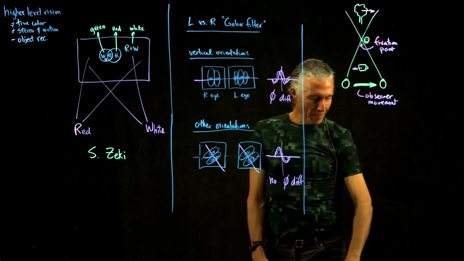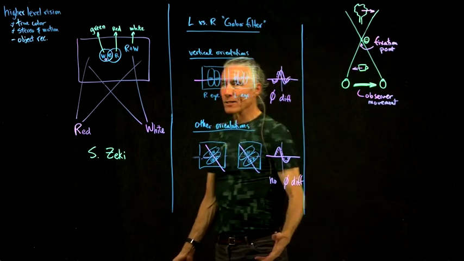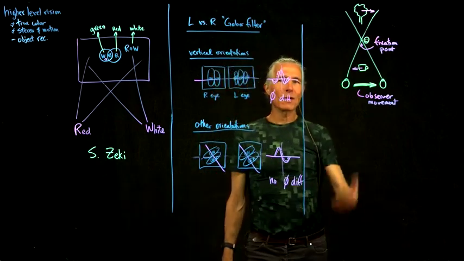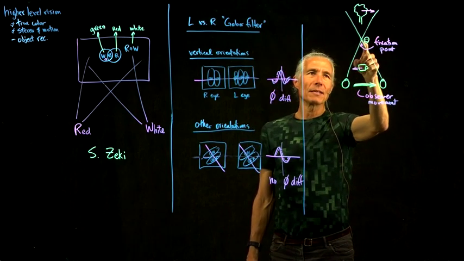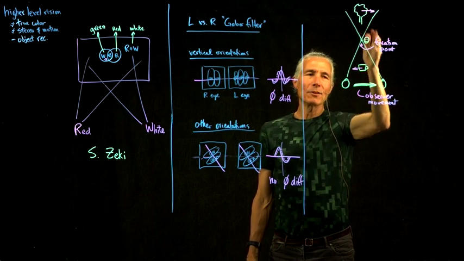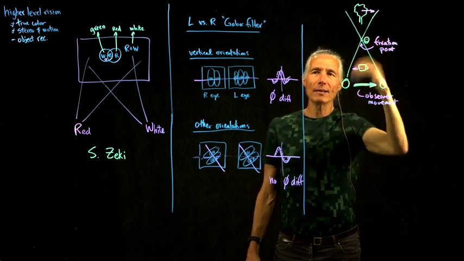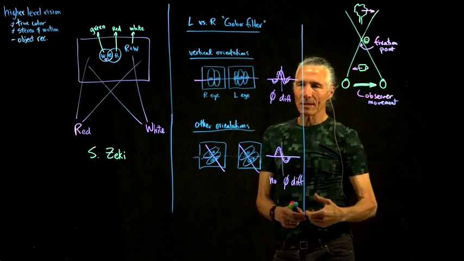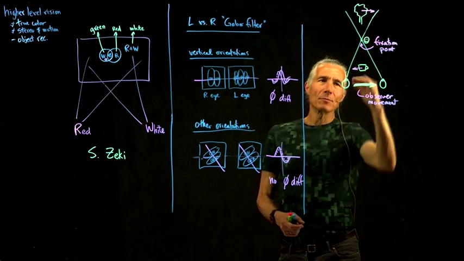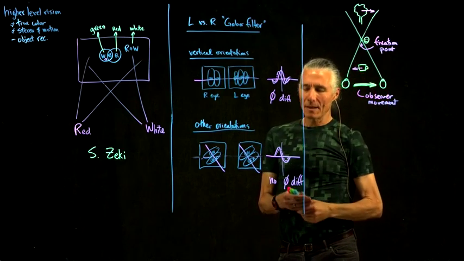So your system could obviously use this information to figure out the depth of an object. If I happen to be fixating here, and I move, anything going to the right I know has to be behind the object. So there's a very clear association between depth and movement.